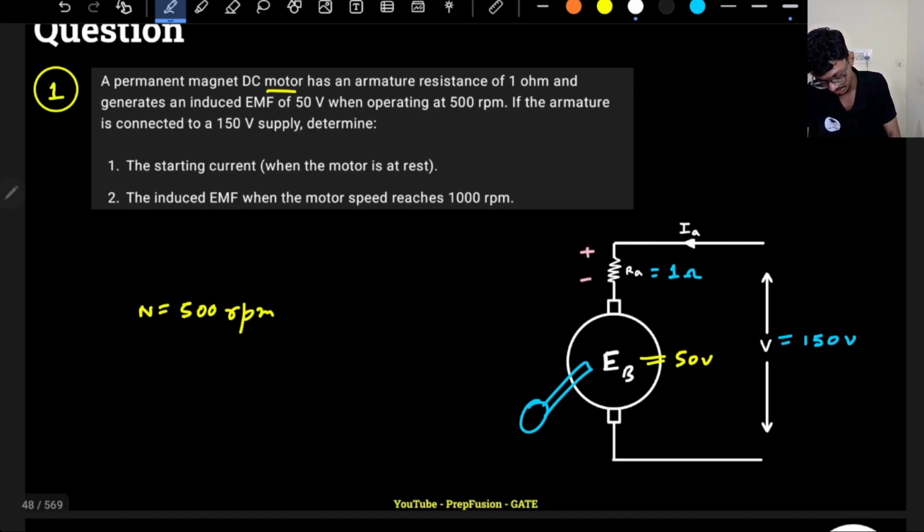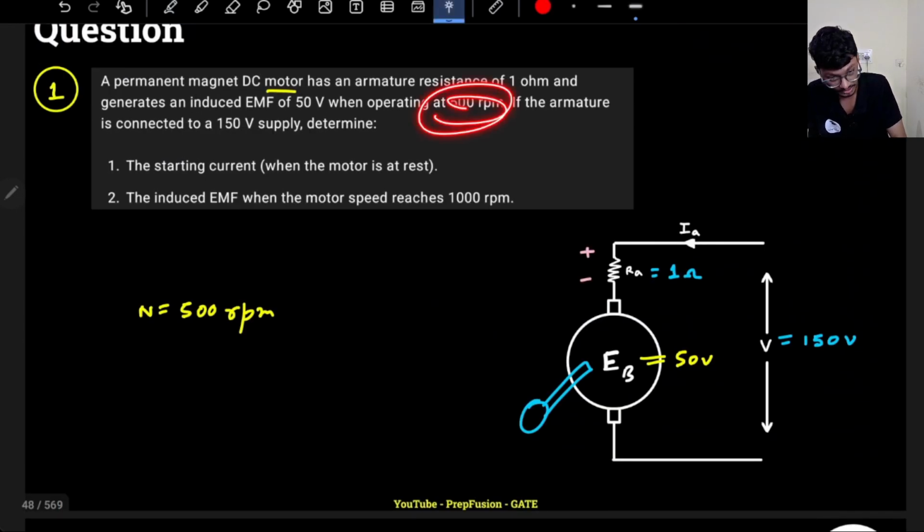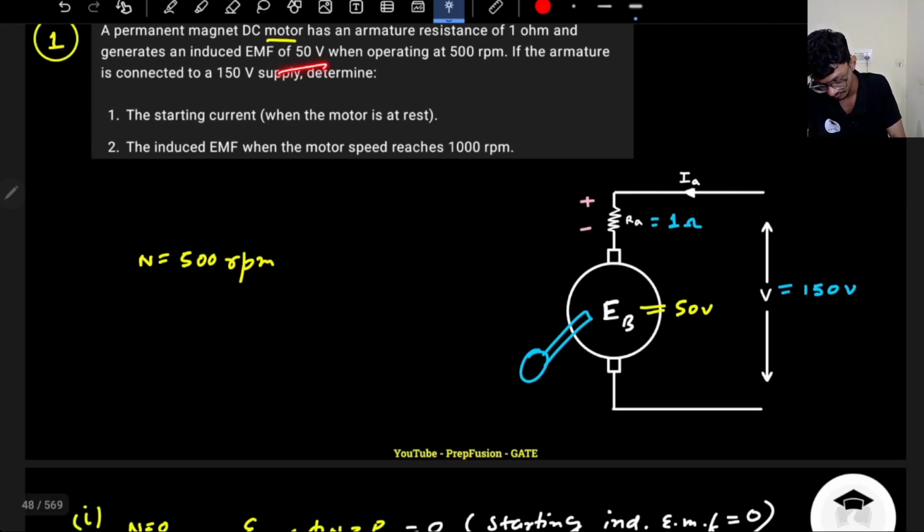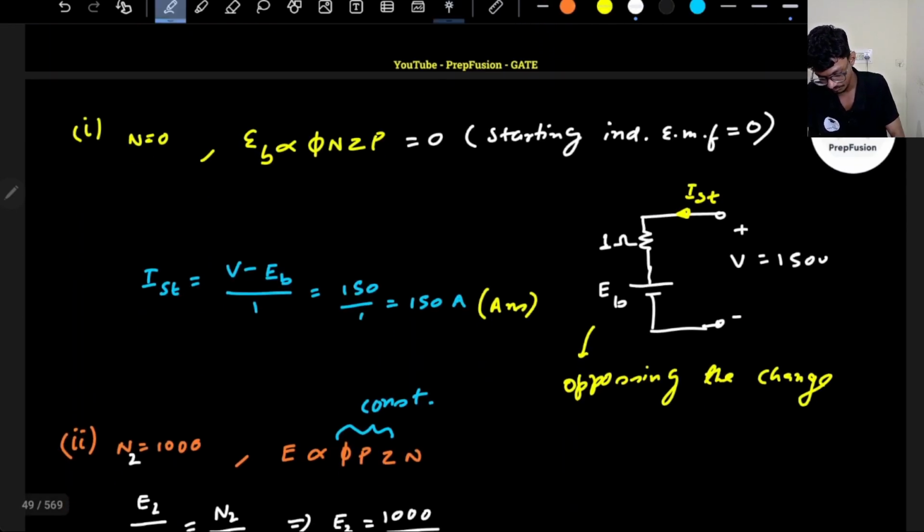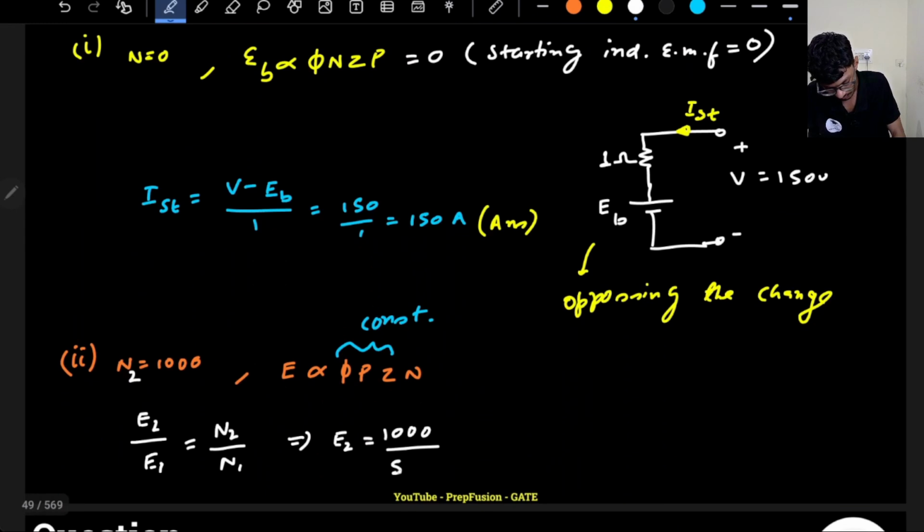When my speed was 500 rpm, the induced EMF was 50 volts, right? So this will be 2 into 50, that is 100 volts.